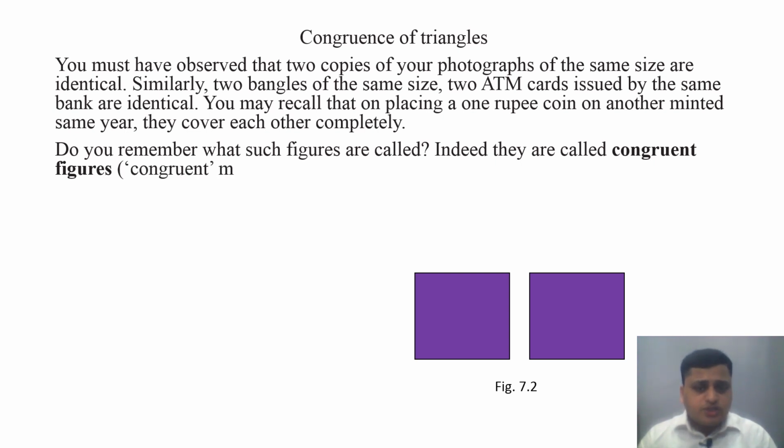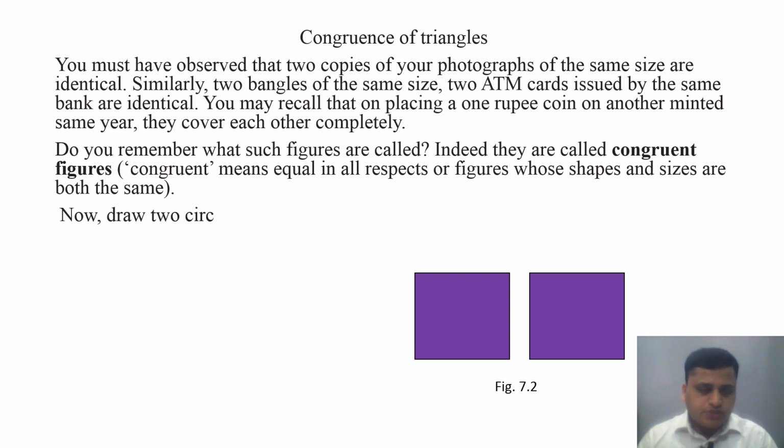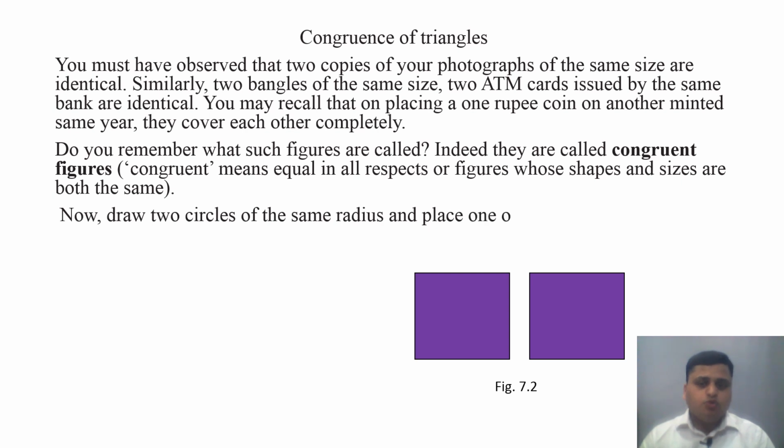These identical figures are called congruent figures. Congruent means equal in all respects, figures whose shape and size are both the same.